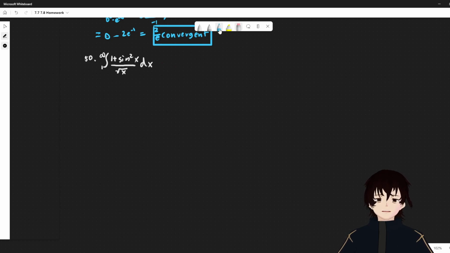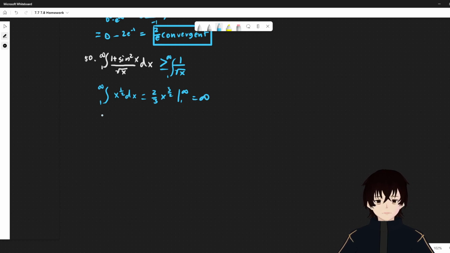Then we can say this is greater than or equal to 1 over square root x from 1 to infinity. The integral from 1 to infinity of 1 over square root of x, or rather x to the power 1/2 dx, is equal to 2 over 3 x to the power 3 over 2 from 1 to infinity, which is equal to infinity.